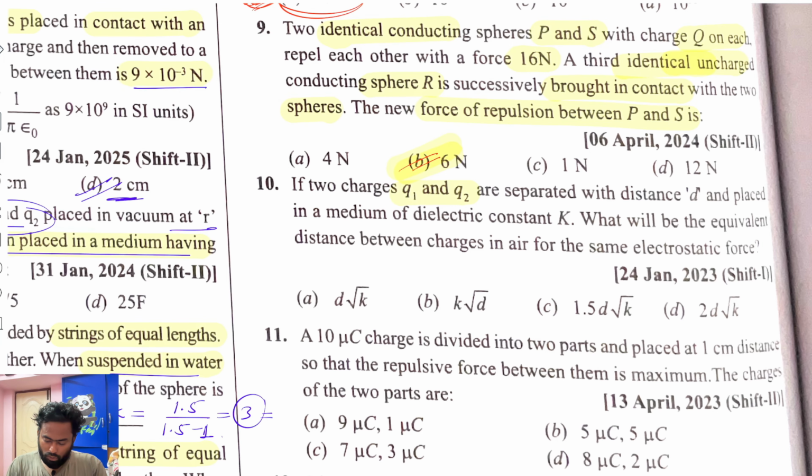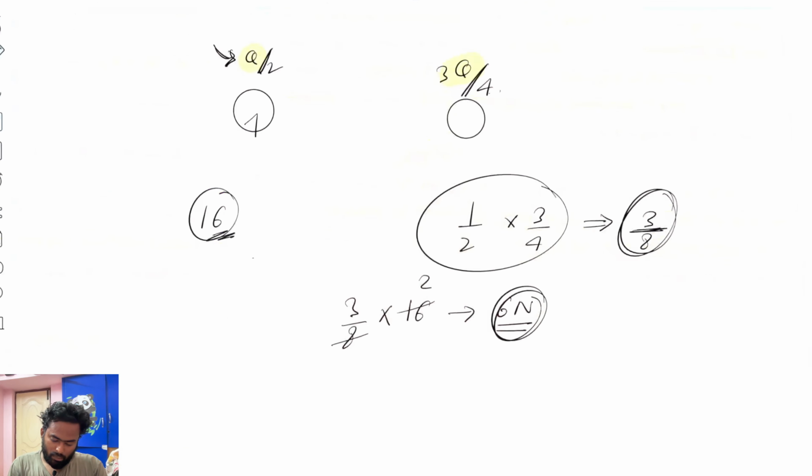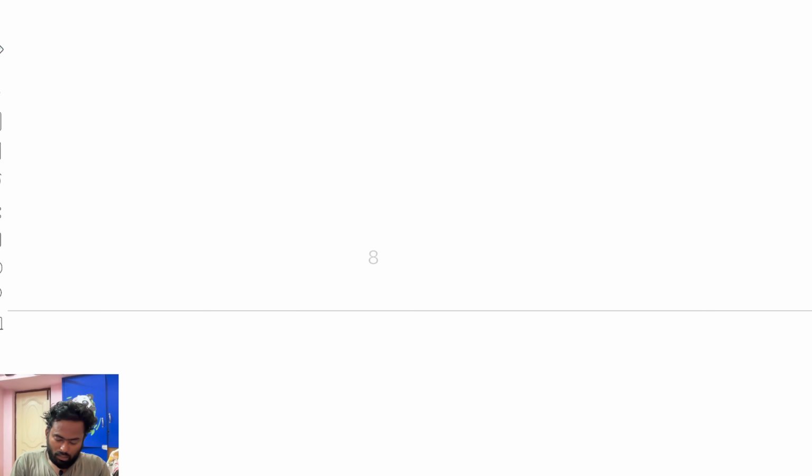Two charges Q1, Q2 separated by D are placed in a medium of dielectric K. What will be the equivalent distance between the charges in air for the same electrostatic force? Let me again explain it on a blank page. There are two charges, Q1, Q2, in dielectric medium K, distance D. So force between them will be how much? Q1 Q2 upon 4 pi epsilon naught K into D square.